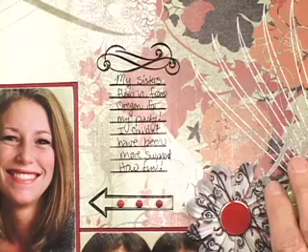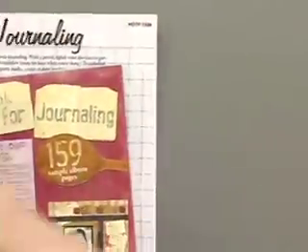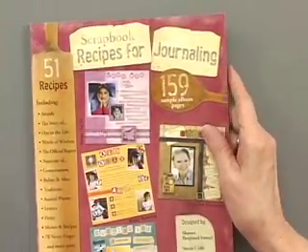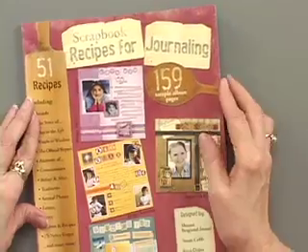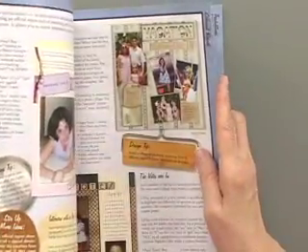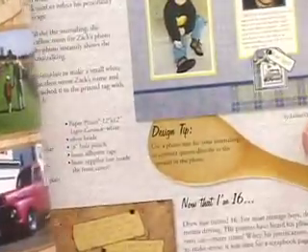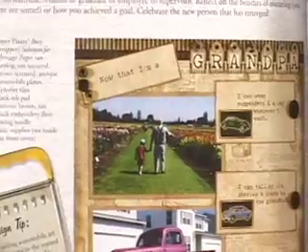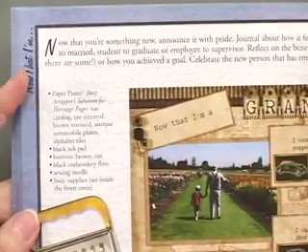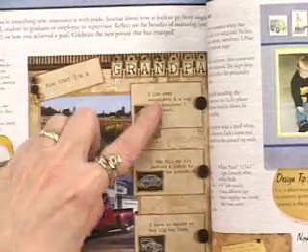Now, there are some other journaling tools, and I have two of them here. One is a book that's called Scrapbooking Recipes for Journaling. And this is a wonderful reference because every single page gives you another idea. In this case, and I've just opened this randomly, it says, now that I'm a grandpa, this is what I can do.